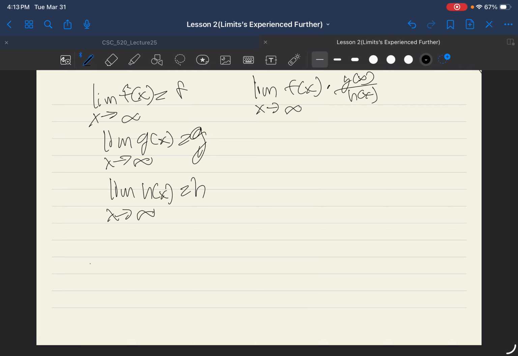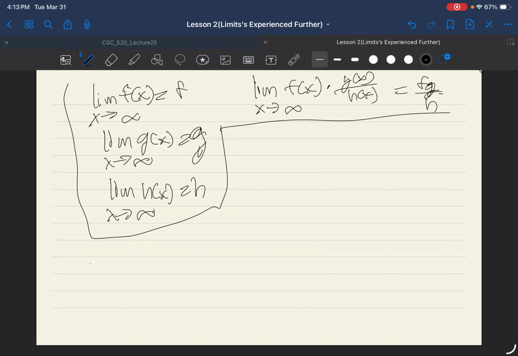I'm going to tell you the answer in 5, 4, 3, 2, 1. Okay, so this was pretty obvious. This was fg over h, so f times g over h. I'm going to give you a few more practice problems to do, ranging in difficulty. So the limit as x approaches infinity of f of x times h of x over g of x.